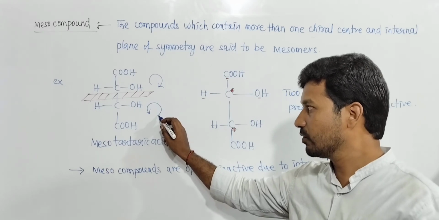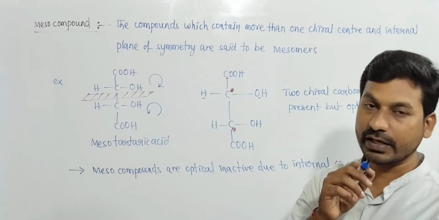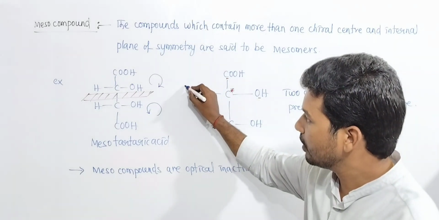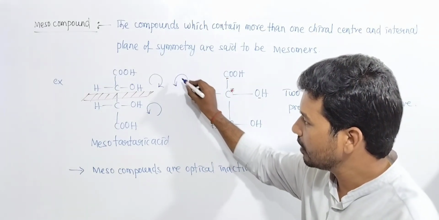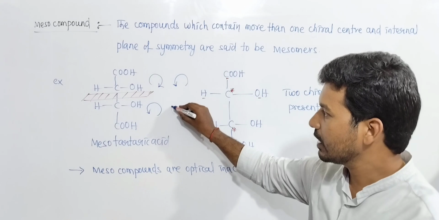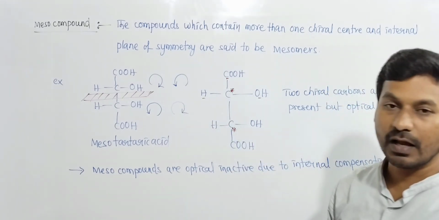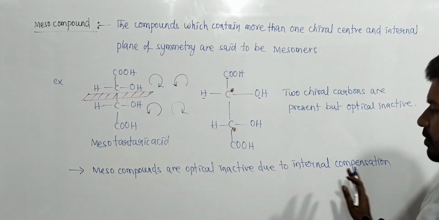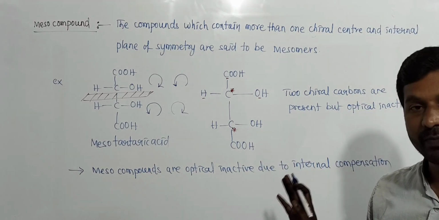One compensates the other, or otherwise if the above one rotates plane polarized light counterclockwise, the below one rotates it clockwise. So thus, by internal compensation, this molecule becomes totally optically inactive.